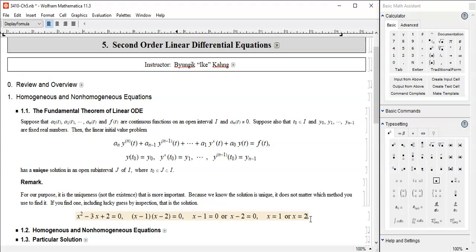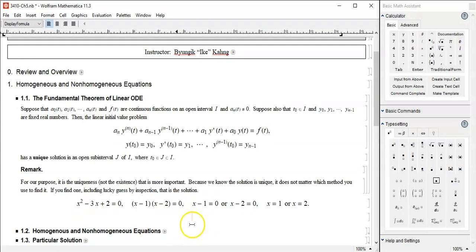Let's suppose a student didn't know any of those, but just guessed. Try x equals 0, it doesn't work. Try x equals 1, plug it in, it works. x equals 2, plug it in, it works. x equals 3, it doesn't work. x equals 4, try it, it doesn't work. x equals 5, try it, it doesn't work.